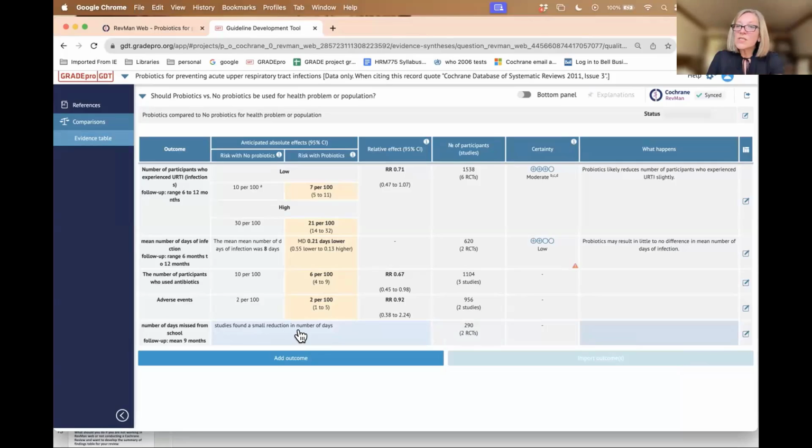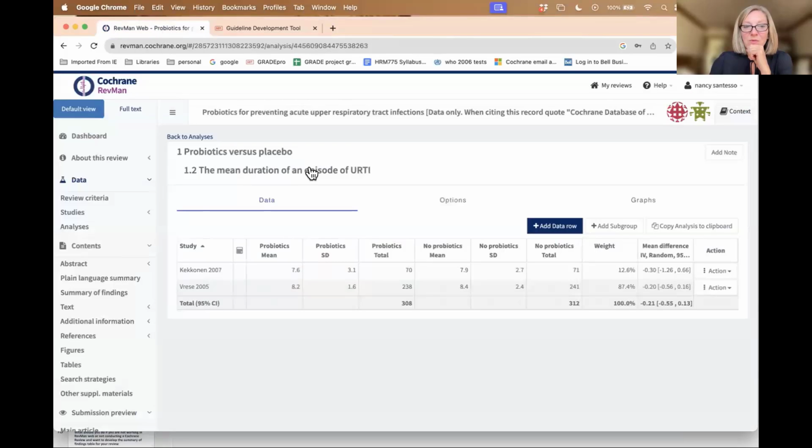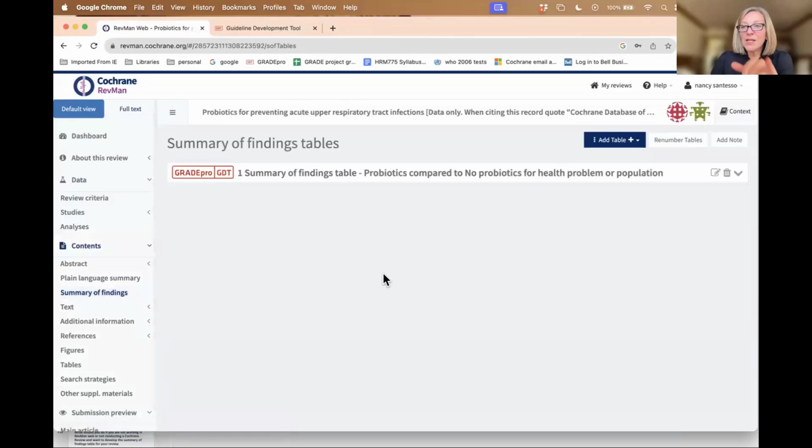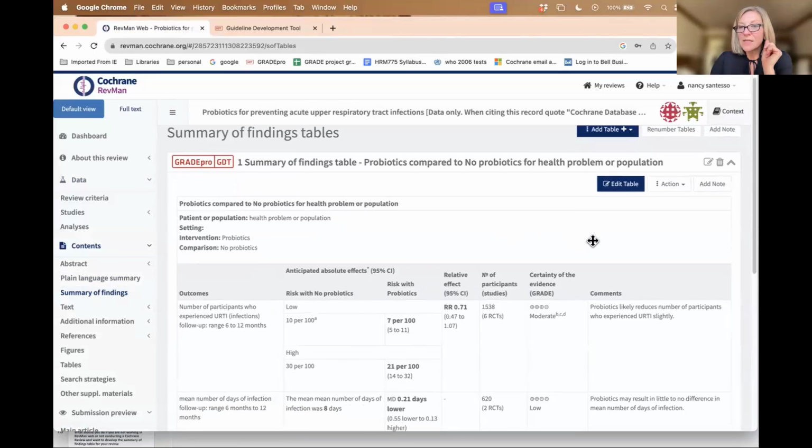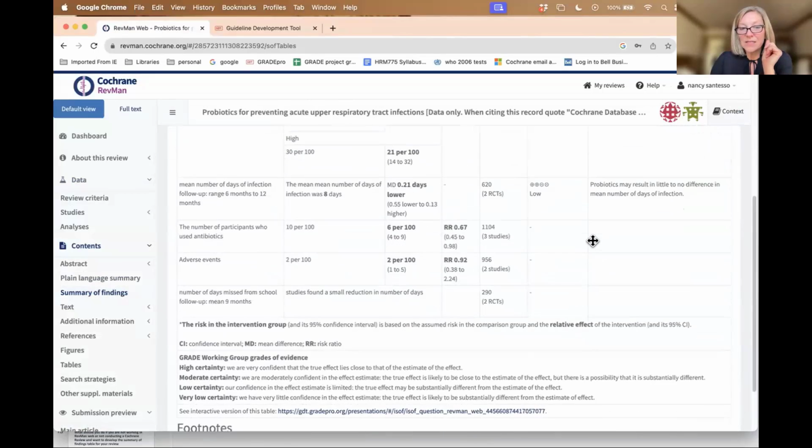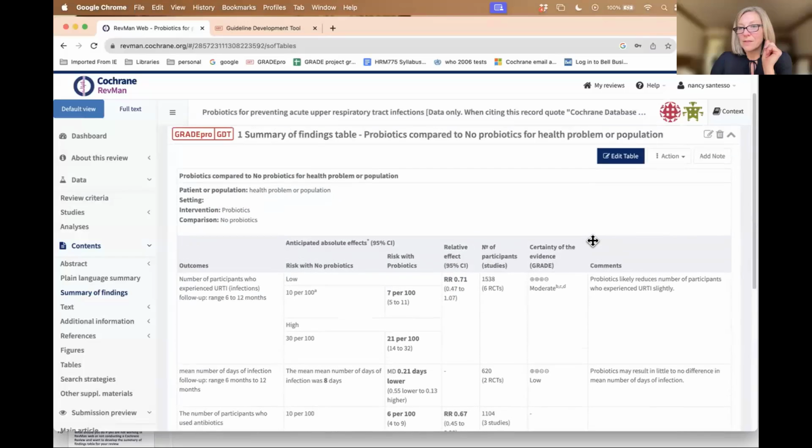We would finish this whole table here. And as I was doing that, it was automatically syncing with what's happening in RevMan. So I'm going to go back to the table here. And you can see that I have my table now in the summary findings table. I'm going to open that up, and it was automatically syncing with my table in RevMan. There it is.